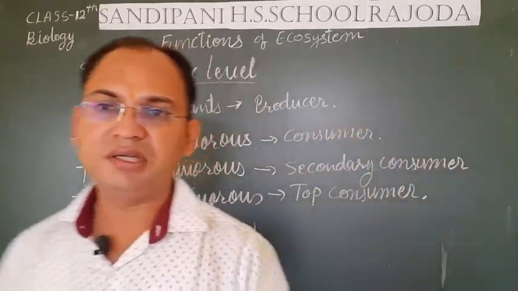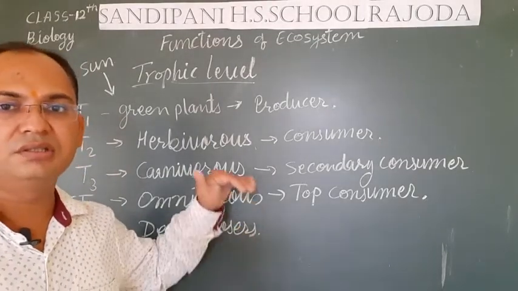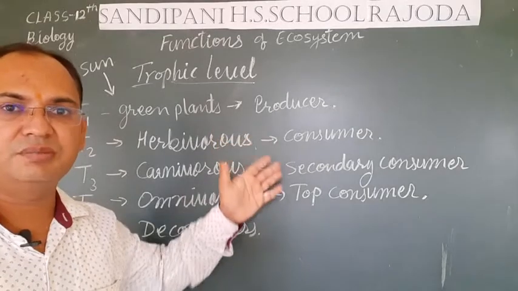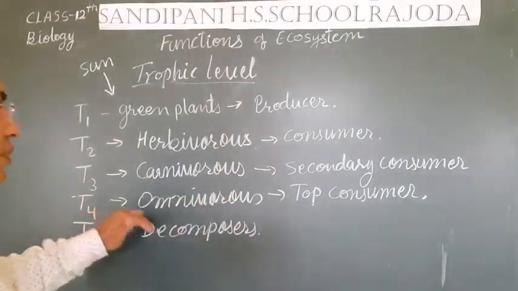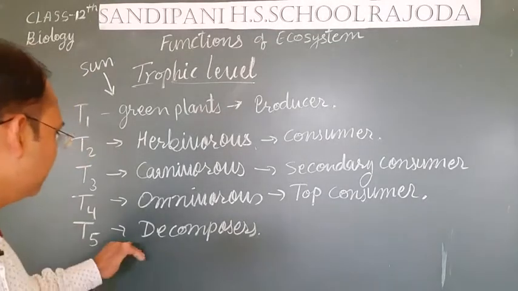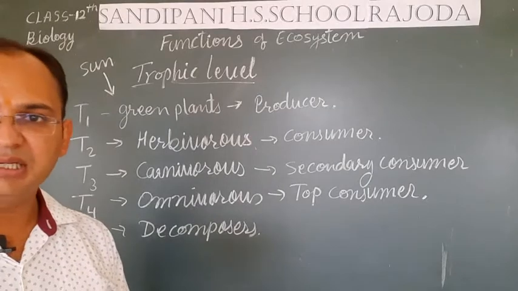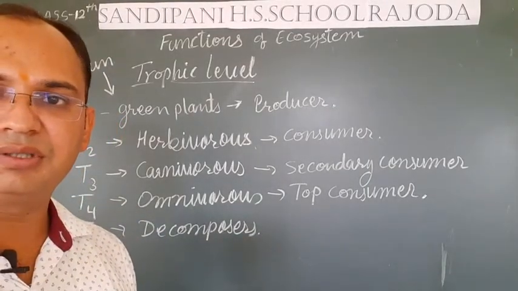Trophic level 3 are carnivores, who eat the herbivores as well as the plants. And the fourth trophic level, omnivores, flesh eating animals, and fifth, decomposers, that decompose all the four trophic level living organisms.